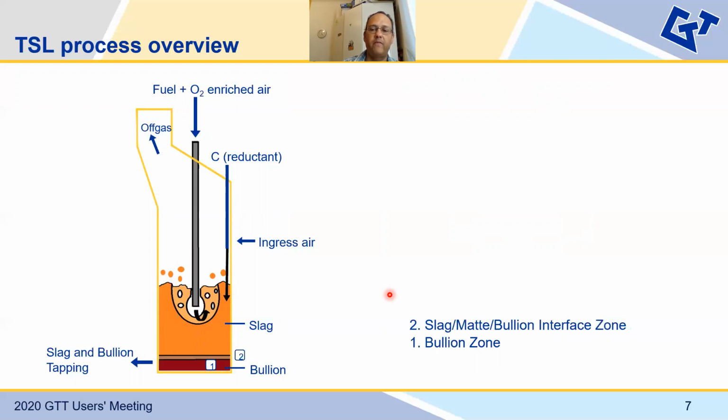The second one is the so-called slag-matte-bullion interface zone, where the matte phase may form. The third zone is the slag zone, which, when you consider the whole bath, is normally the largest part of the bath. In the region where the gaseous mixture impinges on the surface of the slag, you form a bubble zone. The droplets of the slag will spill from the surface, forming a splash zone. And there is also a freeboard zone.